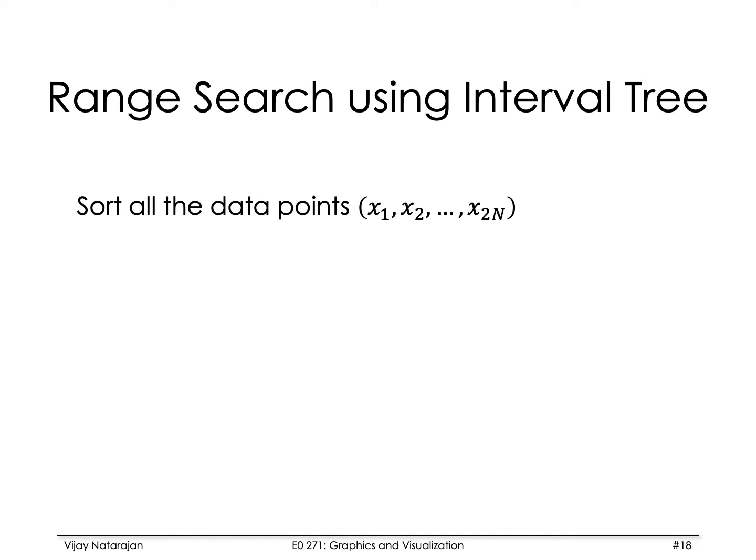So let's say there are n cells. We have 2n endpoints of the corresponding intervals. The first step sorts all of these endpoints, x1 through x2n. Let the midpoint be called delta. So naturally the midpoint of the median is going to be x sub n.